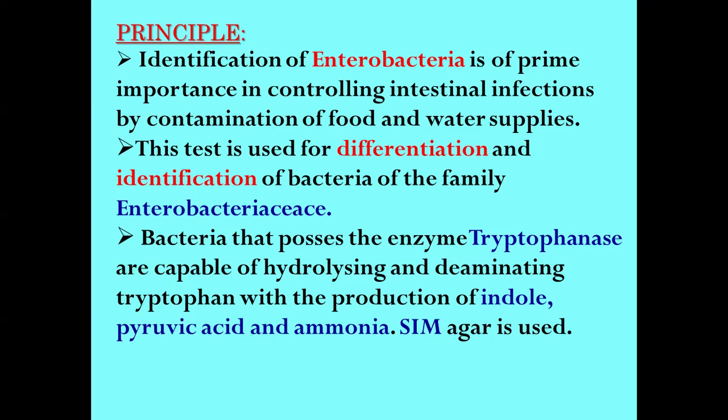Bacteria that possess the enzyme tryptophanase are capable of hydrolyzing and deaminating tryptophan with the production of indole, pyruvic acid, and ammonia. To perform this test, we use a medium called SIM agar, which is a rich source of tryptophan.